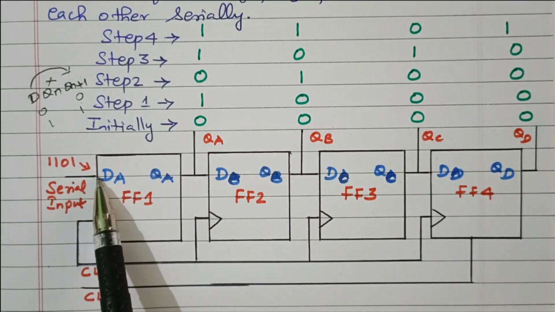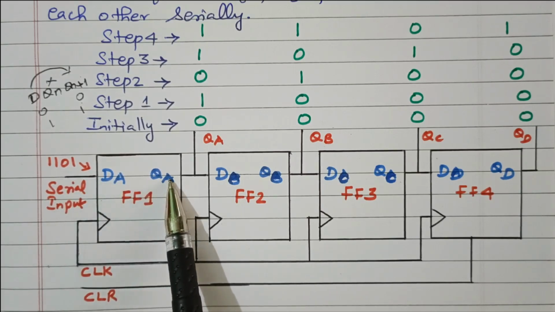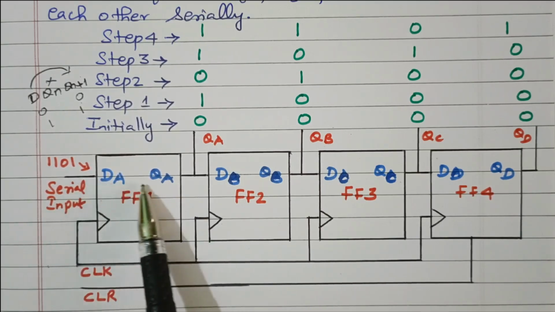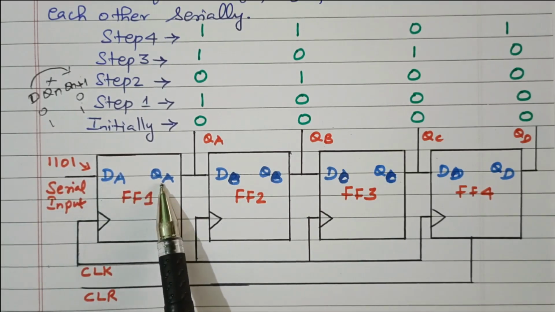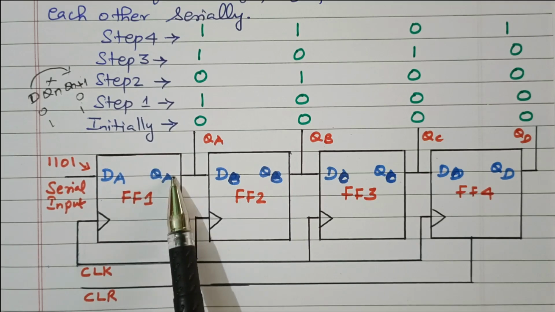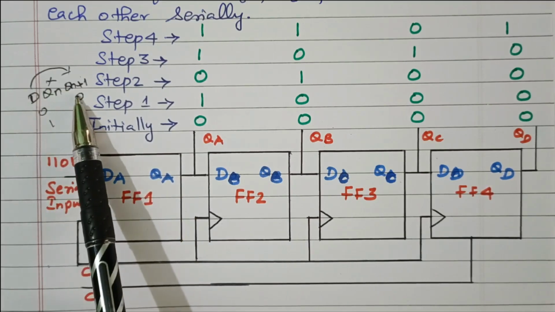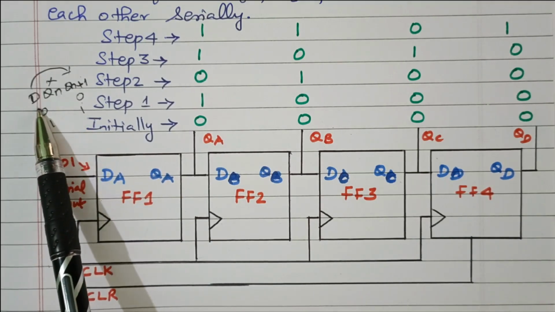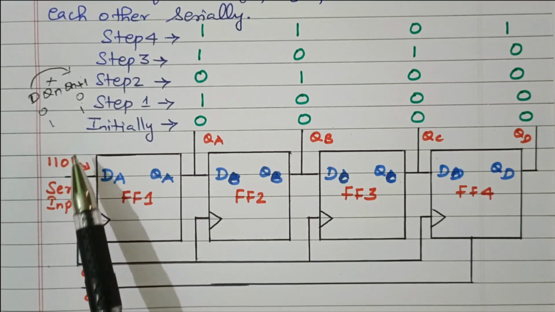The data we are sending will be available at the output of the flip-flop. If we send 1, 1 will be available in QA. If we send 0, 0 will be available in QA, whatever may be the previous case. That is the nature of the D flip-flop. The next state purely depends upon the input, not upon the previous state.